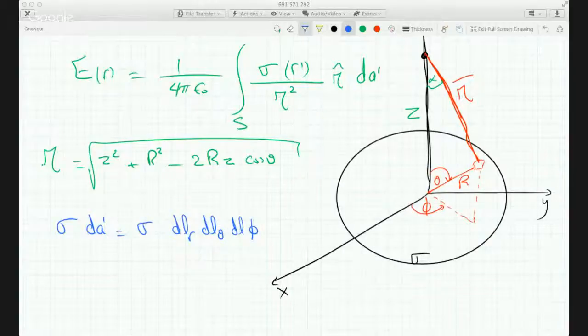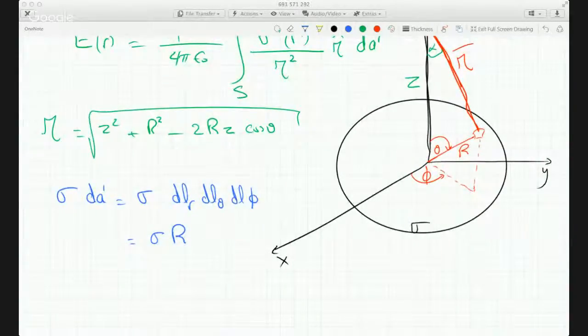Now this is a shell, which means dl r is just r, the radius of the shell. Dl theta in spherical coordinates is r d theta, and theta goes from 0 to pi.